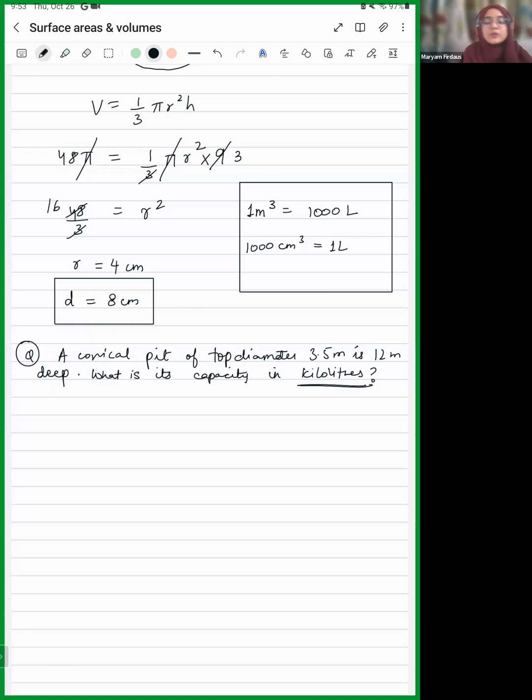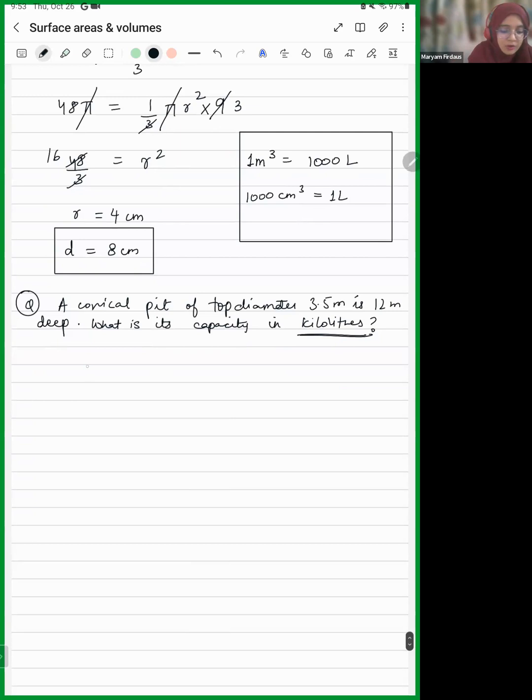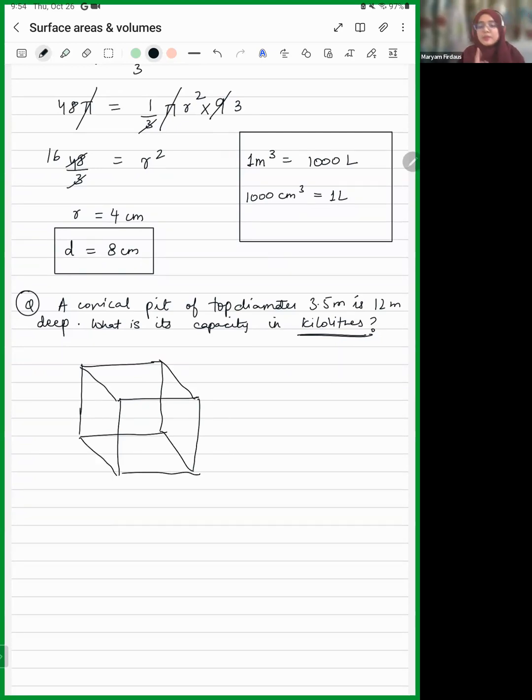So what you can do so that you don't get confused about this, so that you can remember it, is just imagine a water tank, a cubical water tank, each of whose sides is 1 meter.